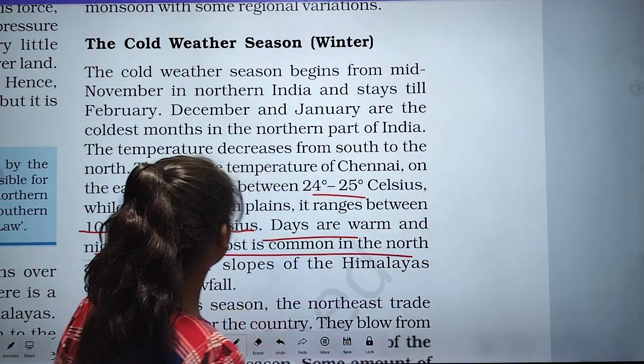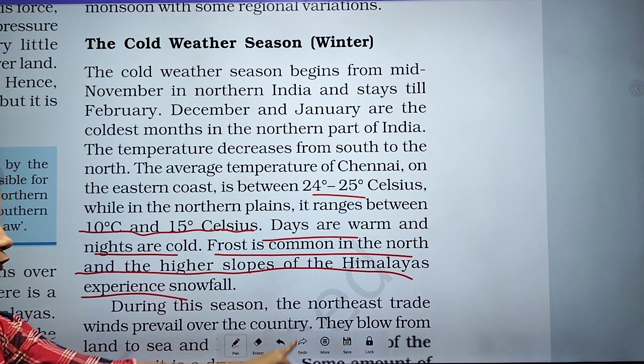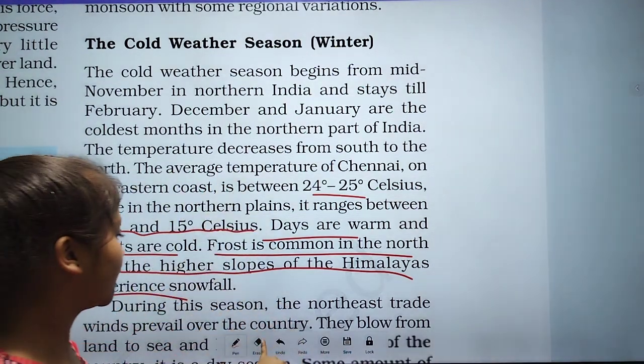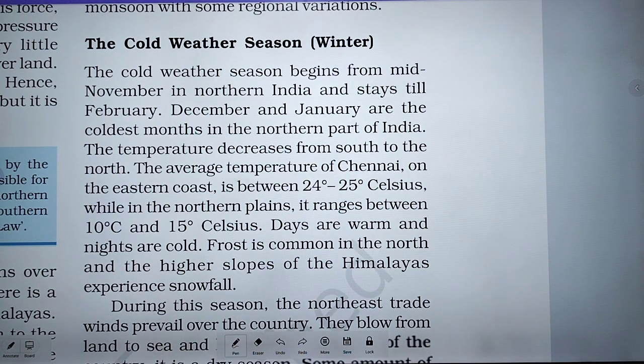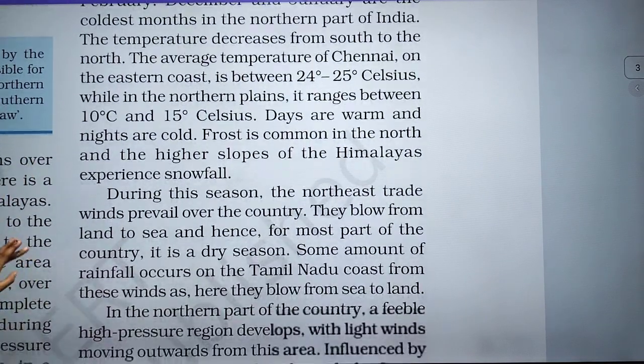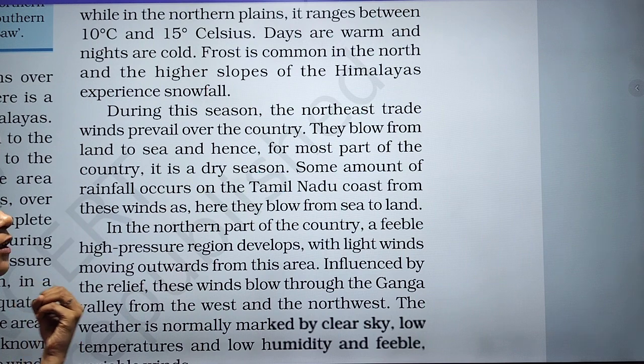Frost is common in the north and the higher slopes of the Himalayas experience snowfall. During this season, the northeast trade winds prevail over the country.